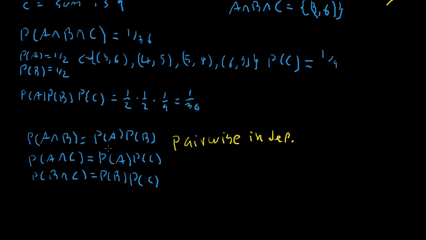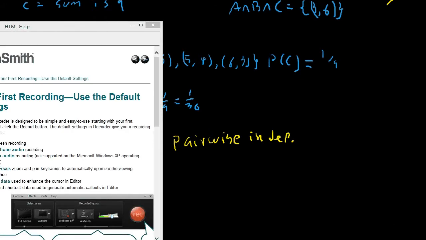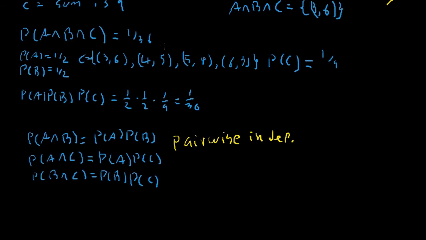Now, we'll also show that the pairwise conditions alone are not enough to guarantee that the three events are independent. For this example, let's go back to flipping two coins. Let A be the first coin is heads.